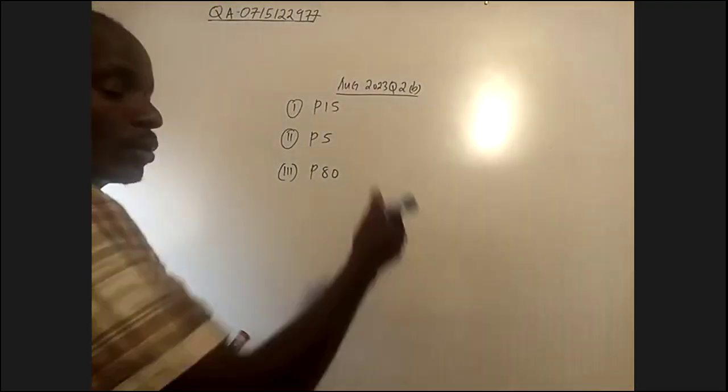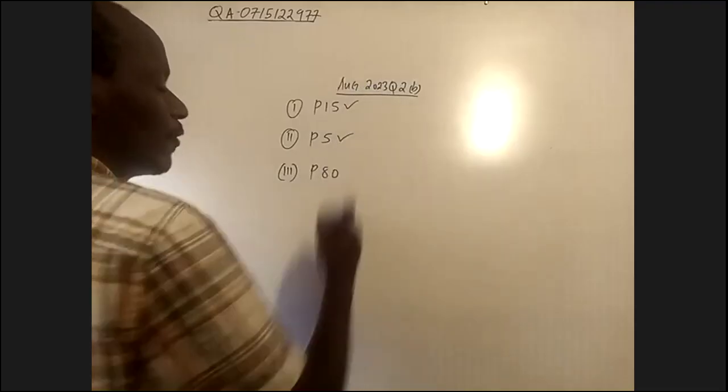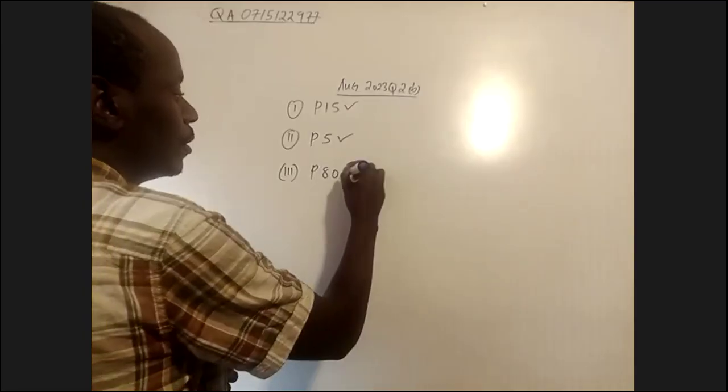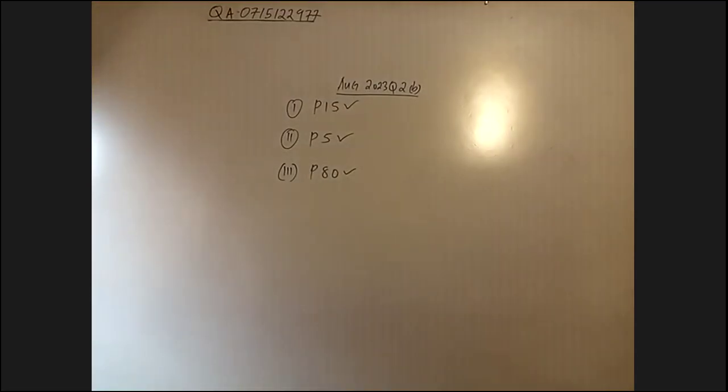So the first one is 15%, the other one is 5%, and then the remaining is 80%? Yes, that is all about it.